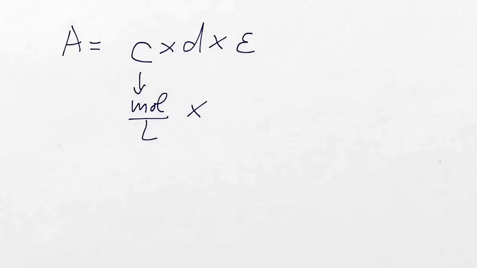The path length, the d, is usually 1 centimeter, but you can also get different cuvettes, 2 centimeters, 3 centimeters. You can get even very, very small cuvettes. 1 microliter, or 1 micrometer, 1 millimeter. Very small cuvettes. So you need to bear that in mind. So 1 centimeter.